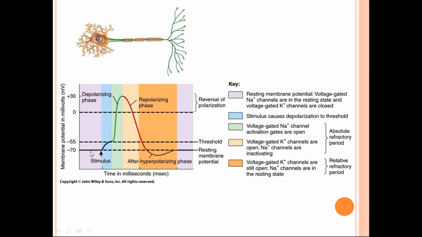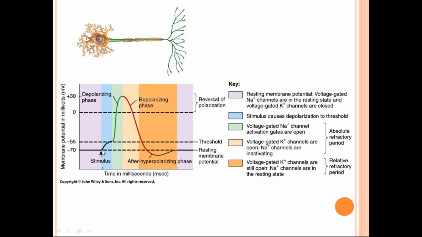So that's where the leakage channels and the sodium-potassium pump get it to. Okay? So we have this minus 70 that the neuron's sitting at all the time. Graded potentials happen between there and the minus 55. Or if it's a hyperpolarization, it can go below minus 70. And you can see that here, the hyperpolarizing phase, it's going below minus 70. So that would be a hyperpolarization.